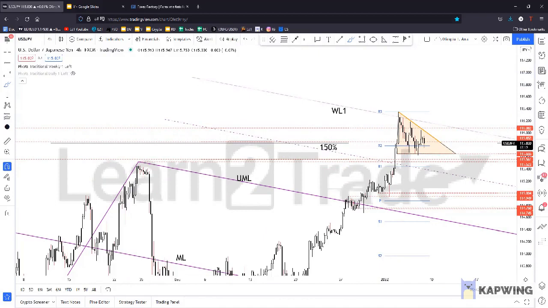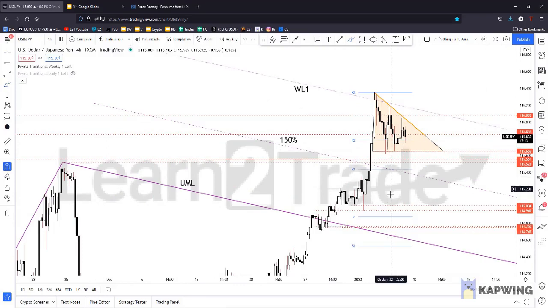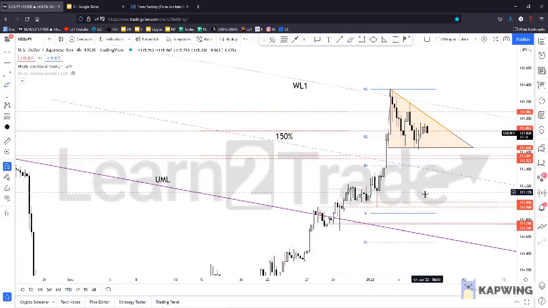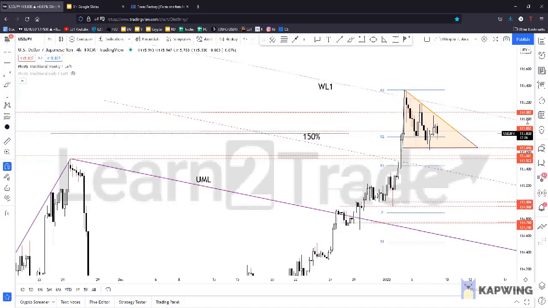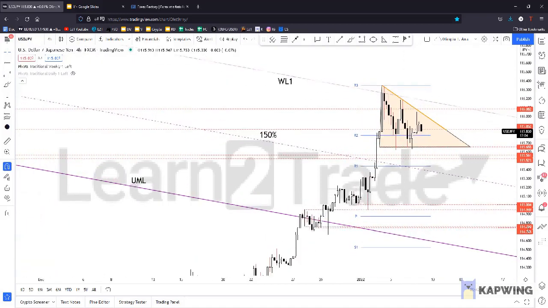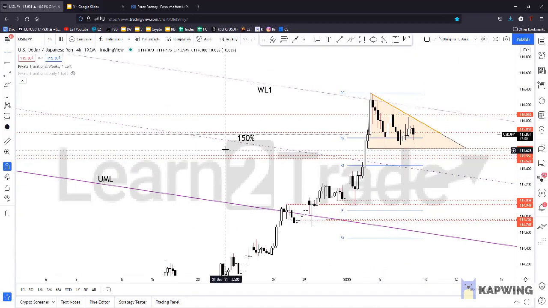Okay, so this is my opinion, my thought process and the rationale behind a potential new long opportunity, a buying position, buy stop. But when I have a really good confirmation and a high probability trade, I will share my trade with the VIP members in the VIP Telegram group.